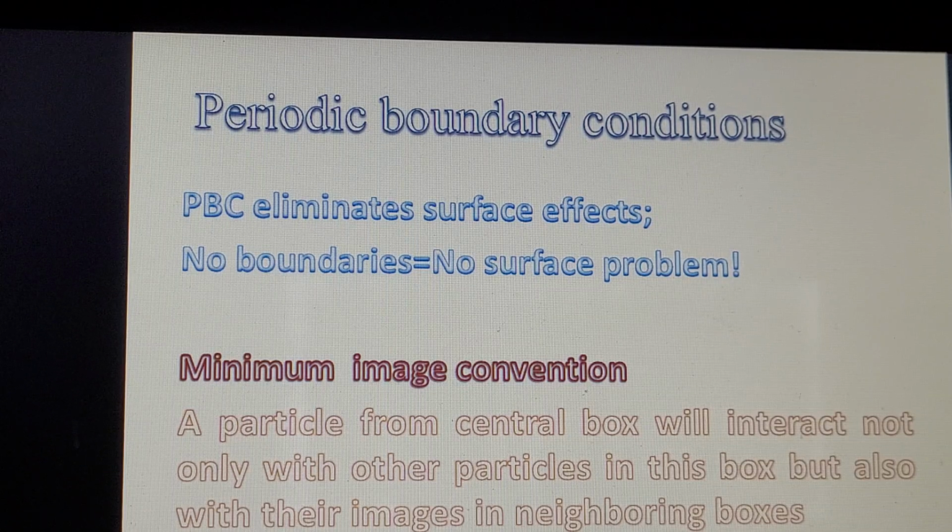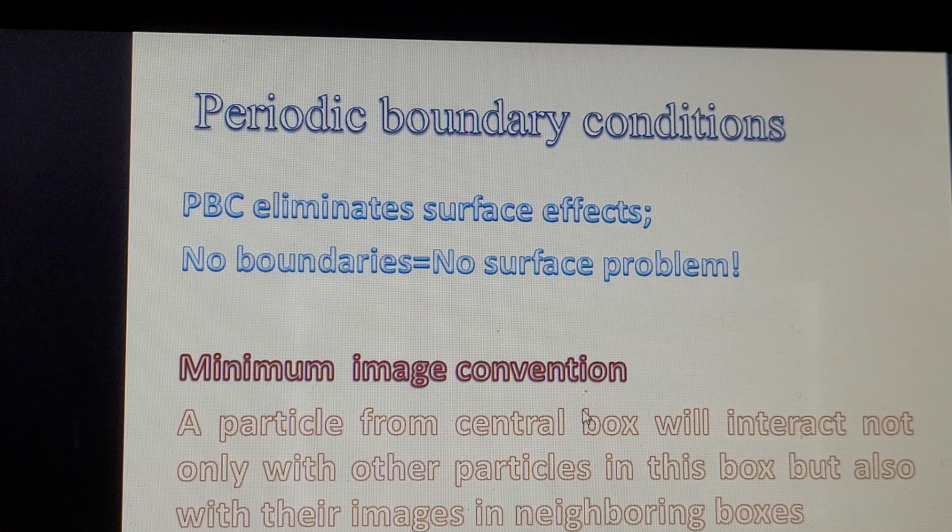By considering this, you are getting rid of the surface problem. When there are no boundaries, you don't have this problem anymore. So in molecular dynamics.